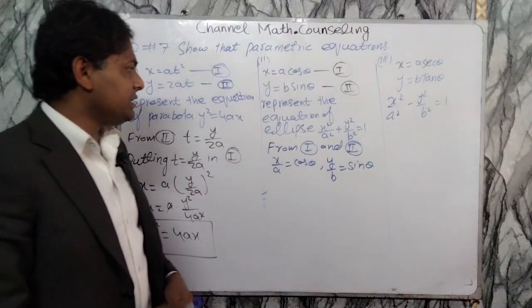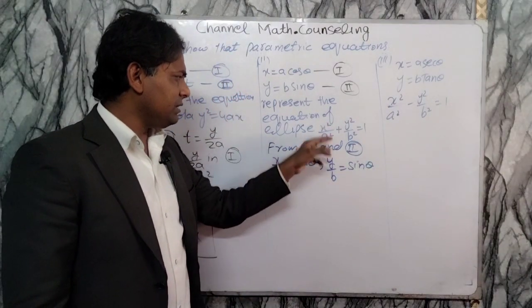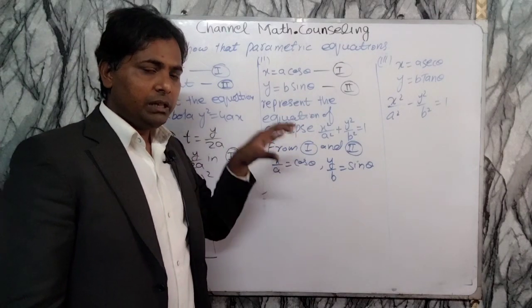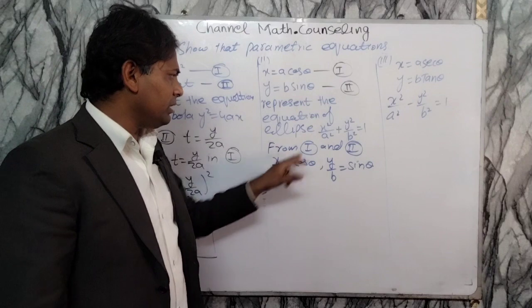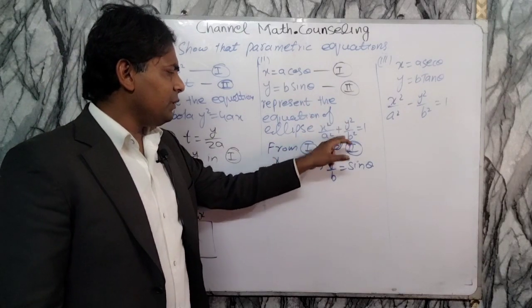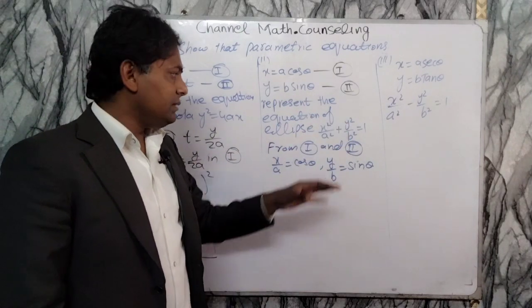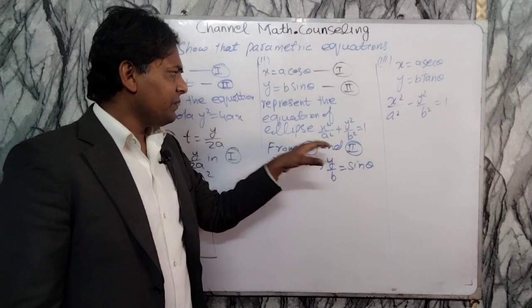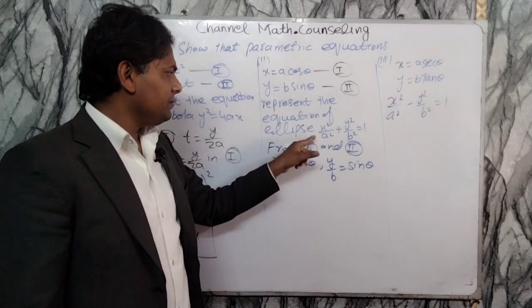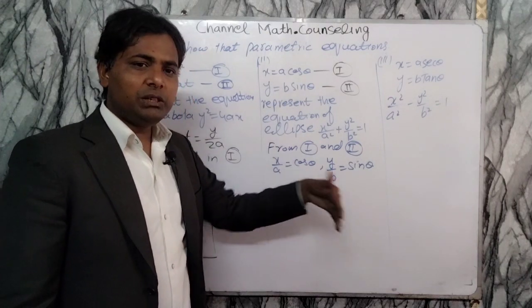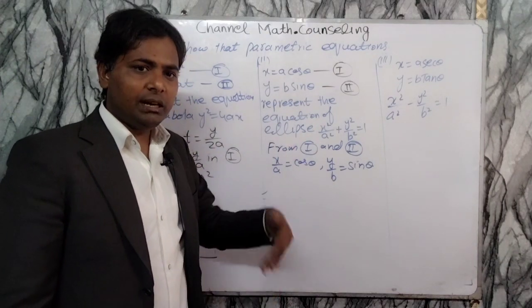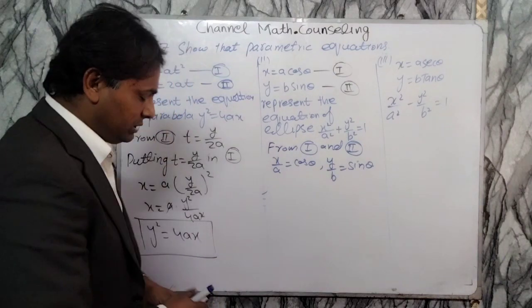Now we will take the square, because there is also a square in our required condition. At x over a there is a square, and at y over b there is also a square, and these two equations are added to each other.